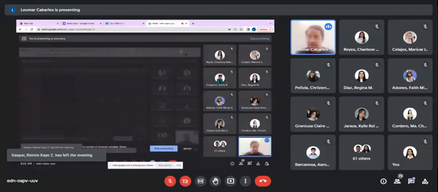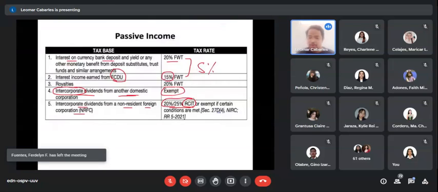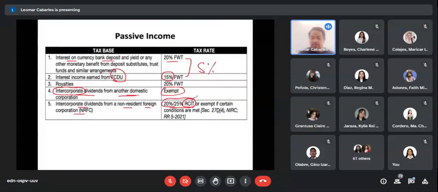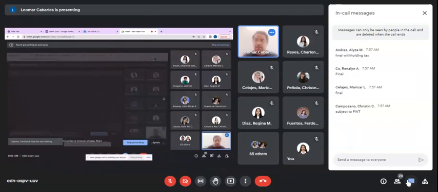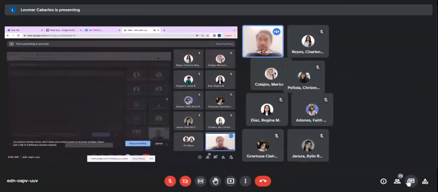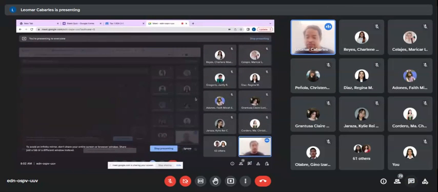The answer is, i-declare mo pa rin siya. Kasi that is subject to regular corporate income tax. And yun yung dinideclare mo sa income tax return. Which in the case of Jollibee, that income is going to be subject to, what do you call this? 25%, no? Regular corporate income tax.